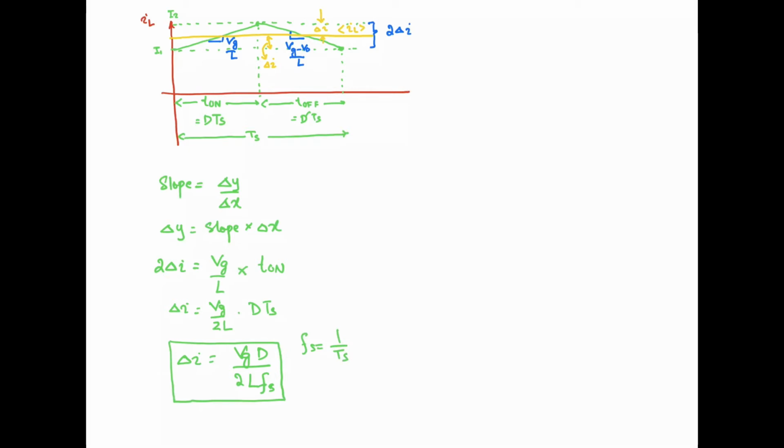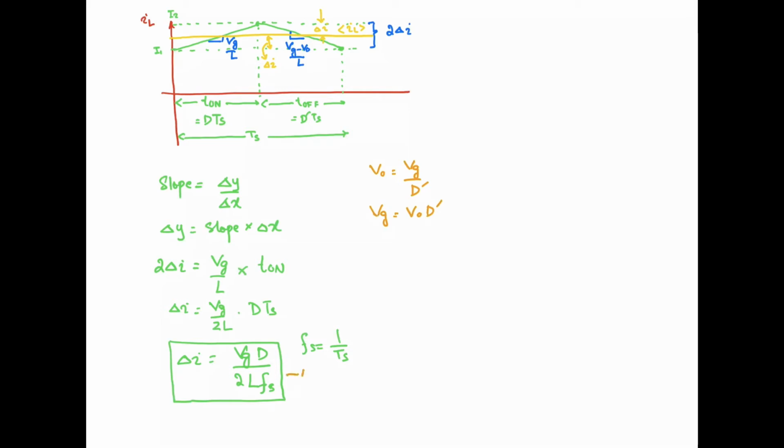So the delta I, that is the ripple current of your inductor, can be represented in terms of the supply voltage with the help of this expression. You can also represent it in terms of the output voltage, because you know the relationship now between the input and the output voltage. So your output voltage is equal to Vg by d prime. From here you can see that Vg is equal to V naught into d prime.